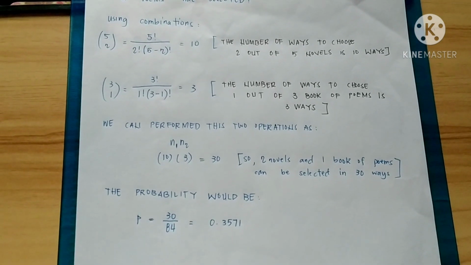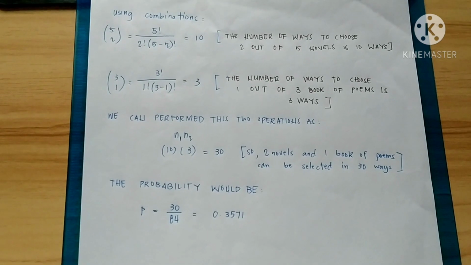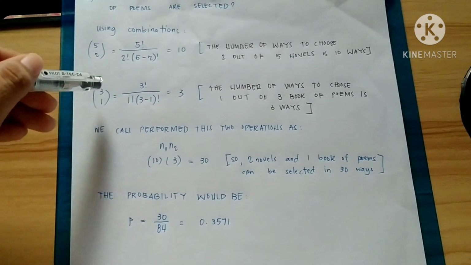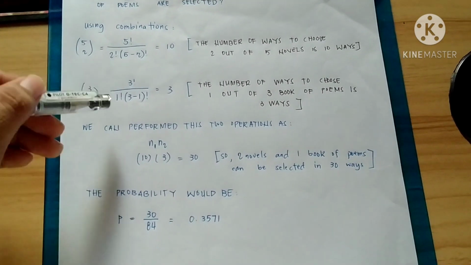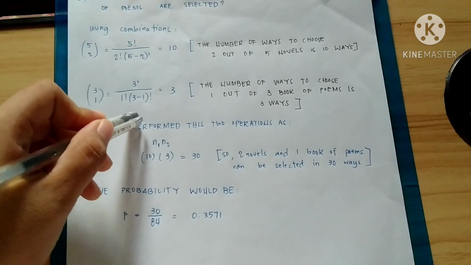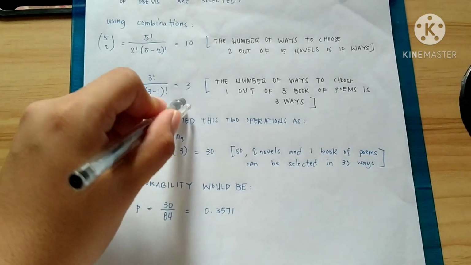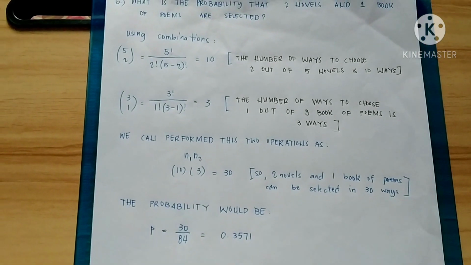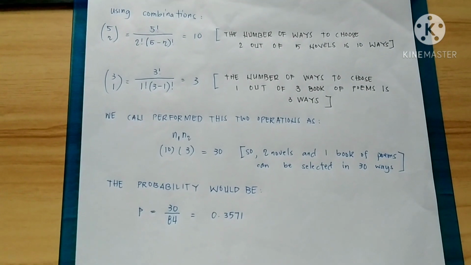We also need to get the number of ways to choose 1 out of 3 books of poems. So using also the combinations, we have 3 factorial all over 1 factorial multiplied by 3 minus 1 factorial equals 3, which means that the number of ways to choose 1 out of 3 books of poems is 3 ways.